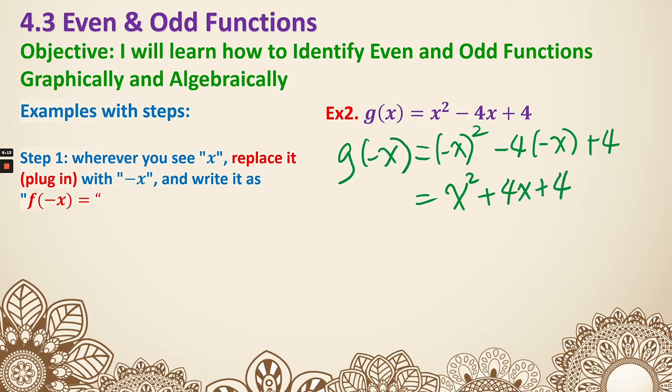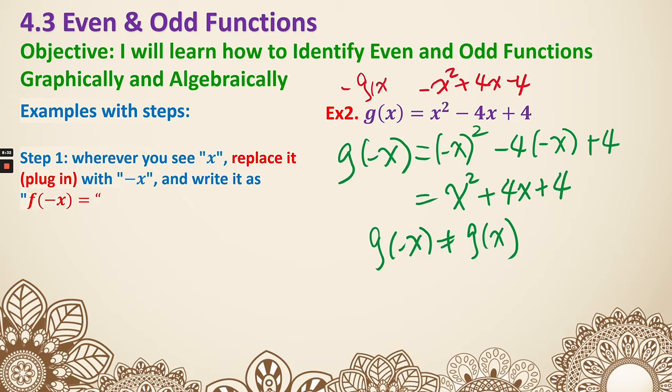So clearly it's not the same as the original one. So it's not even. And now if we want this to be the exact opposite, it's going to be negative x squared plus 4x minus 4. That's what is actually going to be the opposite of that, negative g of x. And clearly, g of negative x is also not the same as negative g of x. So it's going to be neither.